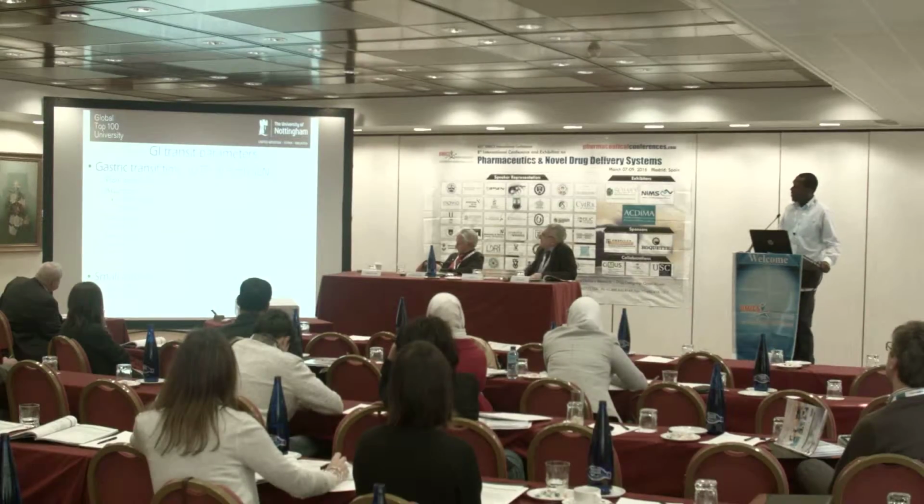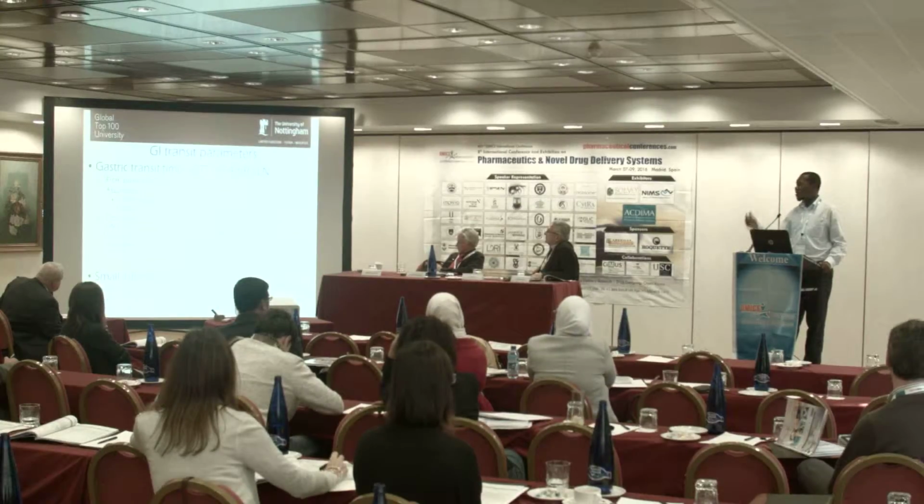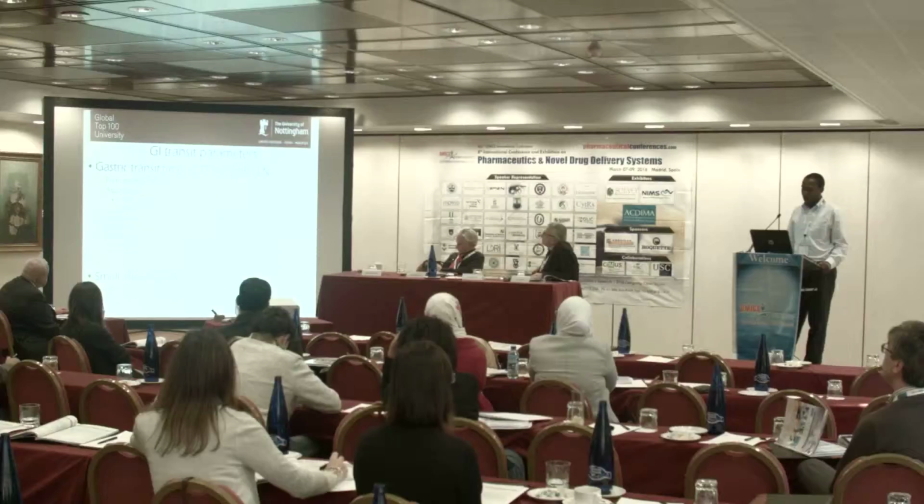So that time was taken as a time for 10% absorption, because the nanoparticles are a dispersed system, and it's a continuous system. So the arrival is not a one-off event, it's a continuous event, just like pellets. So 10% absorption of paracetamol was taken as the time for arrival of the nanoparticles in the small intestine.